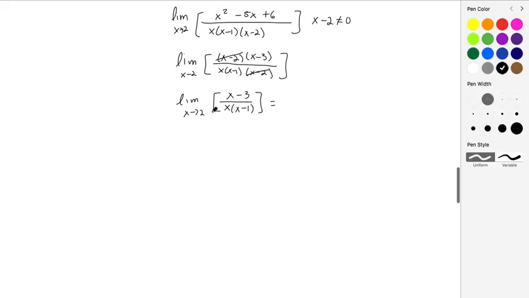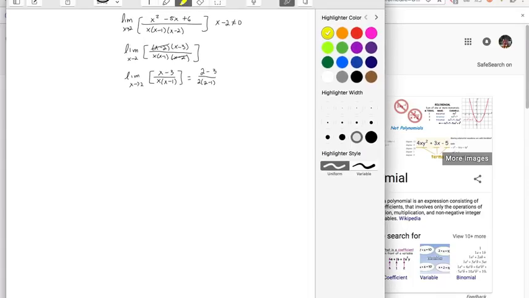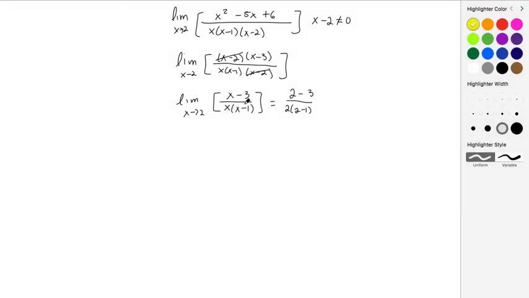So if we are to look at the limit of these two functions, all we have to do is replace this with 2 minus 3, as x approaches 2, and then 2 minus 1. And again, I just want you to keep in mind that this is where x was before, so we just replace it and look at what happens.